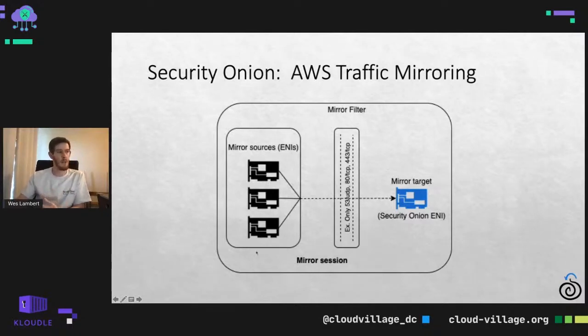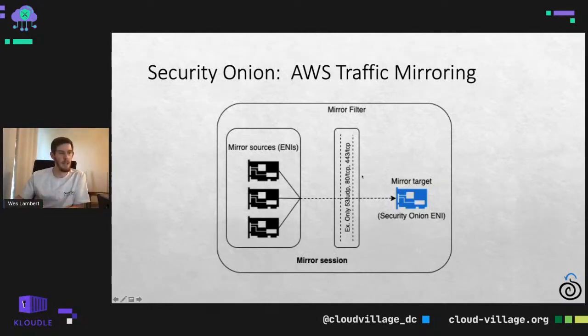And what's going to happen with those is, inside of a thing called a mirror session, those ENIs are going to flow through a mirror filter. This mirror filter basically tells AWS what you want to see, right? So I only want to see DNS, or I only want to see HTTP, or I want to see everything. Once that filter's in place, that traffic flows through and then hits that mirror target, which is going to be our Security Onion instance, comprised of a management interface and a sniffing interface.